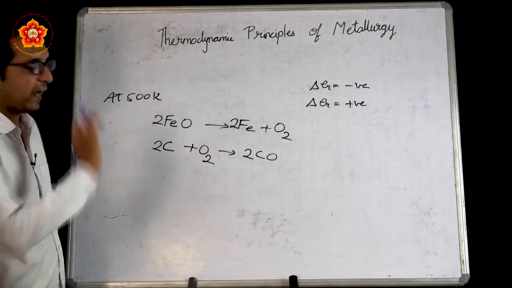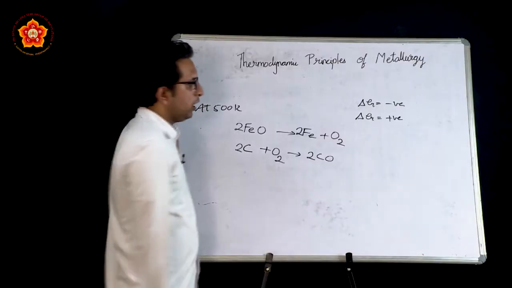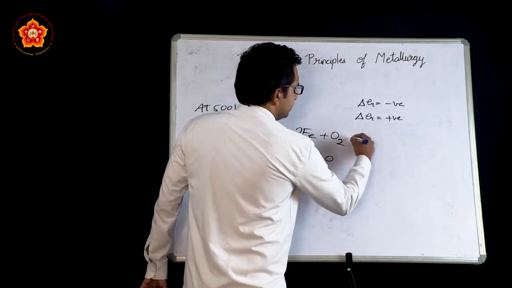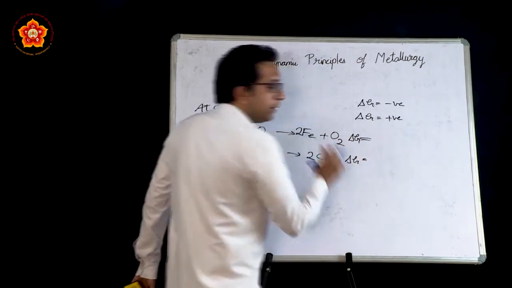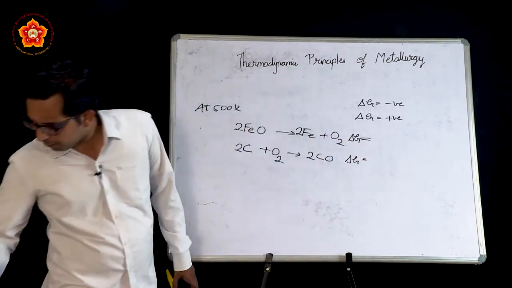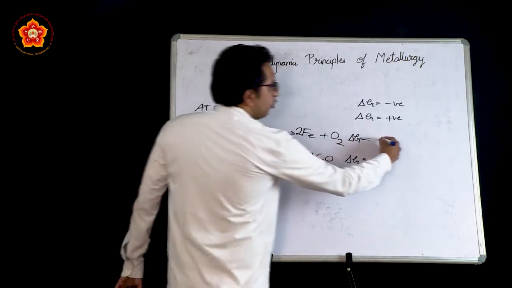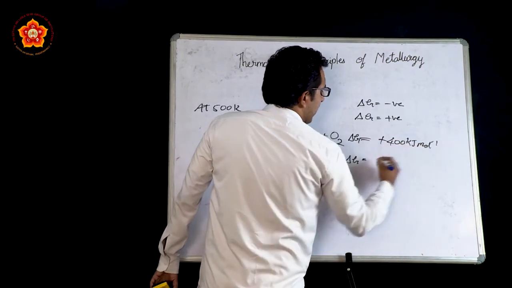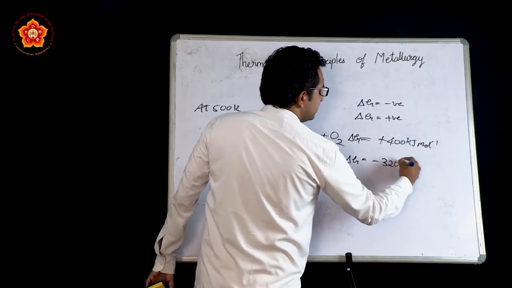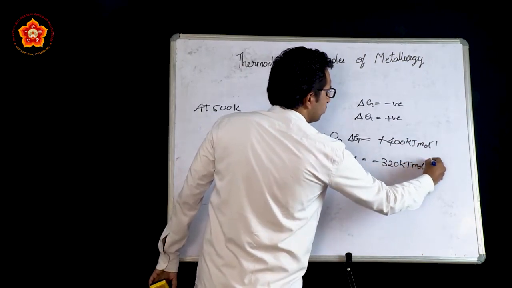So what are certain practical values that you come across for this? Practically, it is seen that the delta G values in both these cases come across as plus 400 kilojoule per mole, and this value is around minus 320 kilojoule per mole.